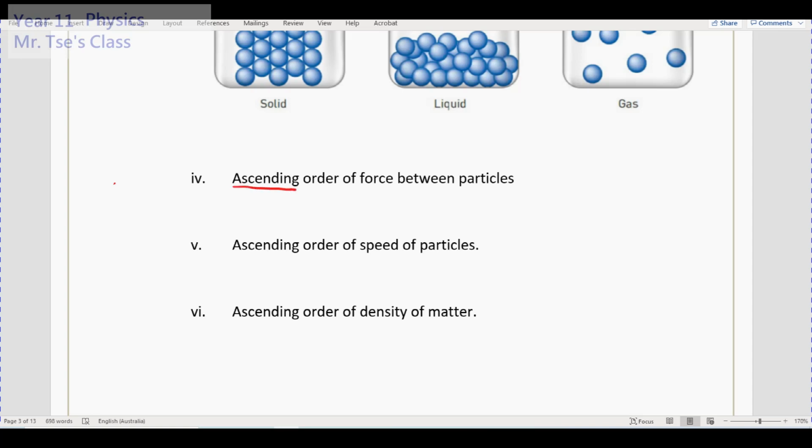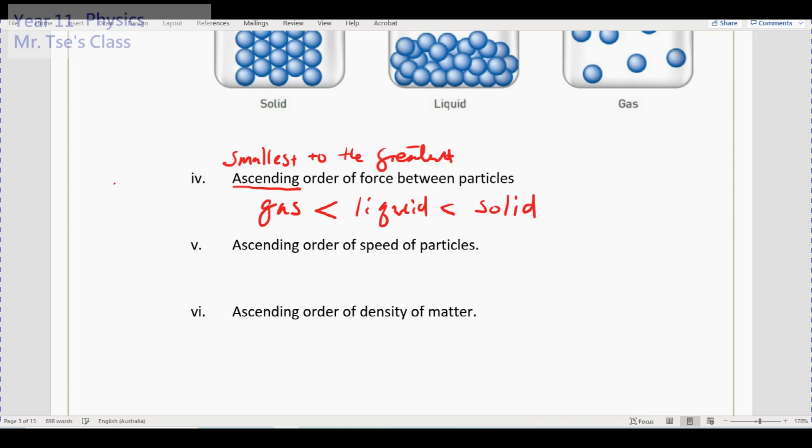Ascending means you need to go from smallest to greatest, so the smallest force should be in gas, and then in liquid, and then in solid. So that's the ascending order of forces.